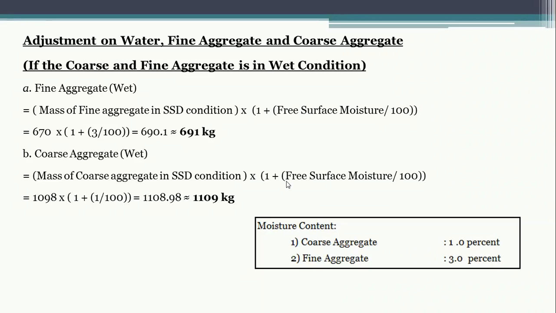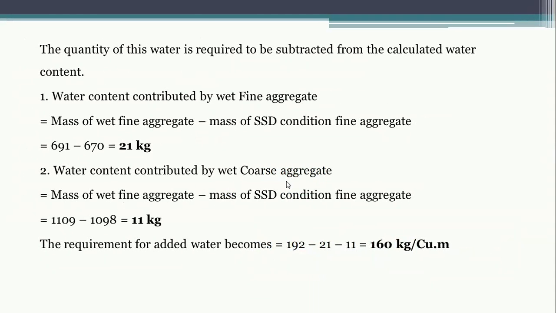Based on the free surface moisture, this is how the fine aggregate value has changed from SSD to wet condition. You can see how the numbers have increased. So this much water is present in the aggregate for 1 cubic meter of concrete. Now what is the water content contributed by both coarse and fine aggregate?